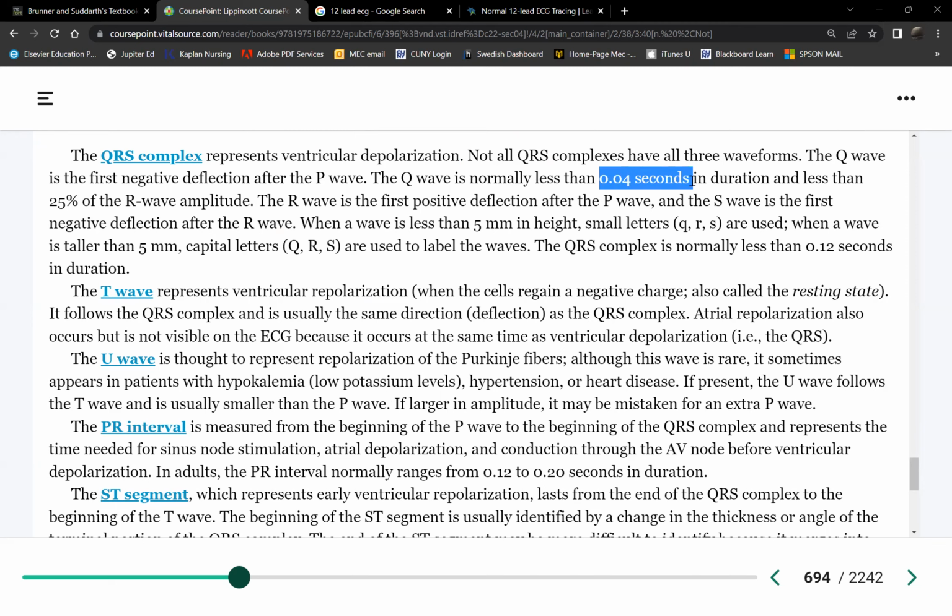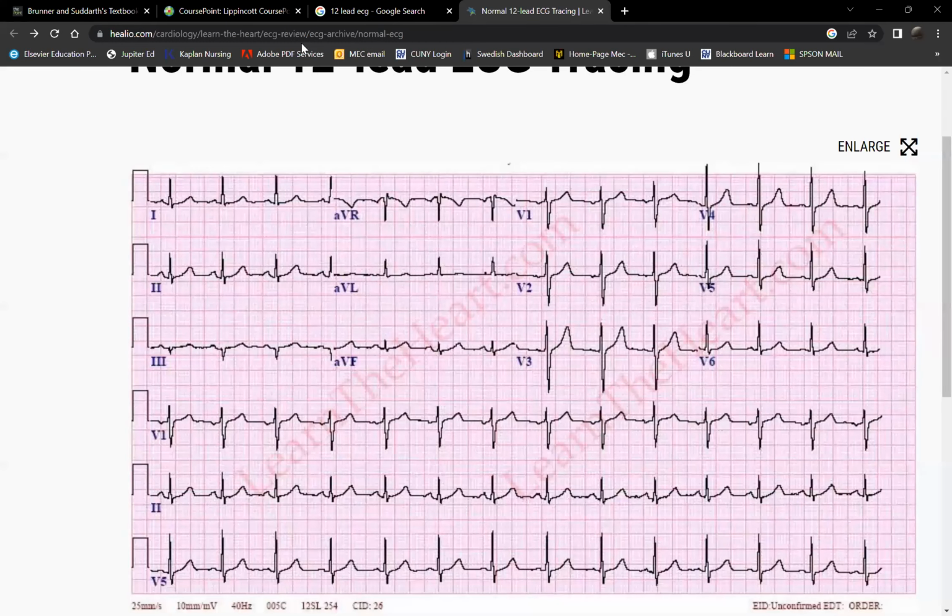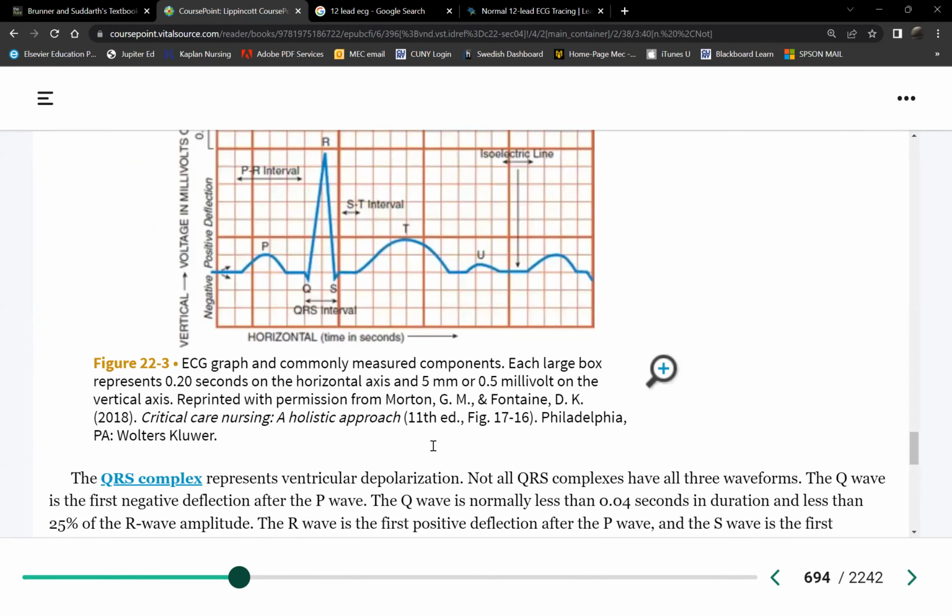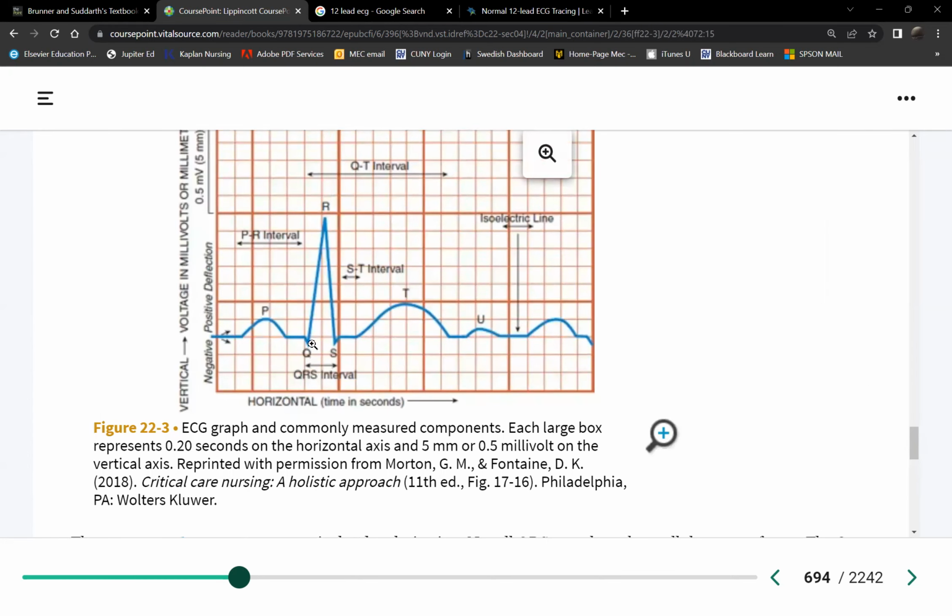All in all, the QRS complex should be less than 0.12 seconds, less than 3 small boxes. There is significance if it's too narrow or too wide, which will be explained in a later section of the chapter. This can be distorted, meaning we can have abnormal QRS complexes, but this is what a QRS complex looks like.